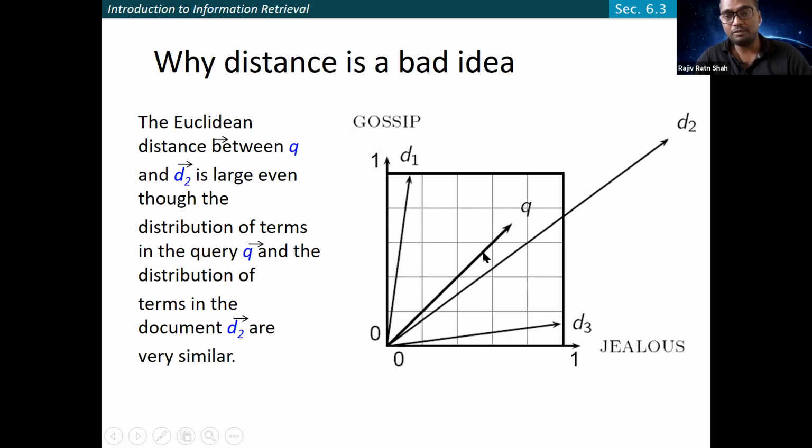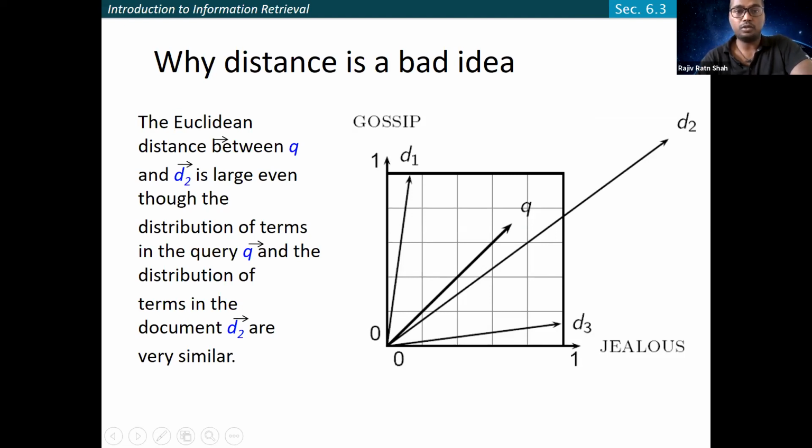So despite having exactly the same distribution, document d2 will be longer in length, because the frequency of these words is higher compared to query q. So if you compute the distance, despite them being semantically the same, that may not show you the correct comparison. That is the reason distance is a bad idea, as we also discussed in detail in the last class.